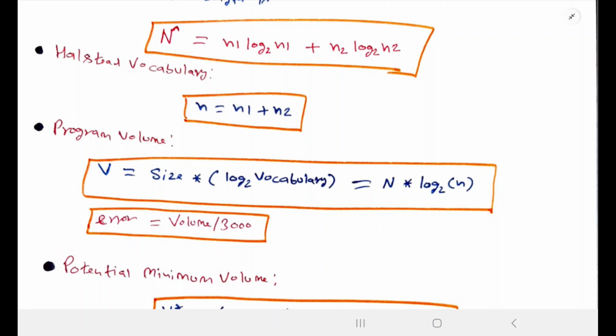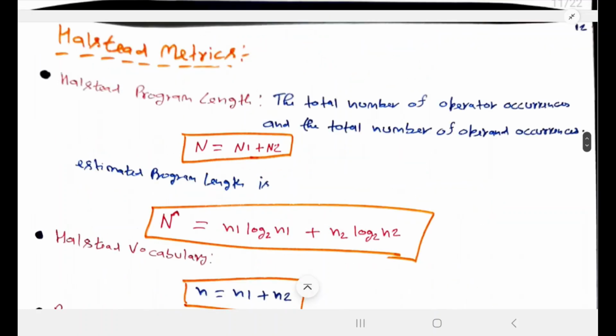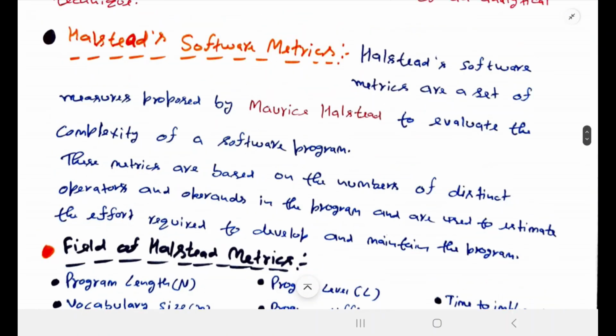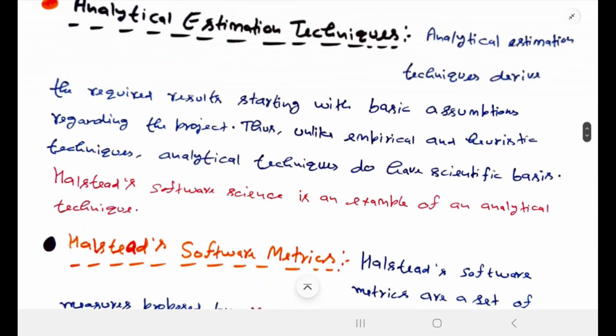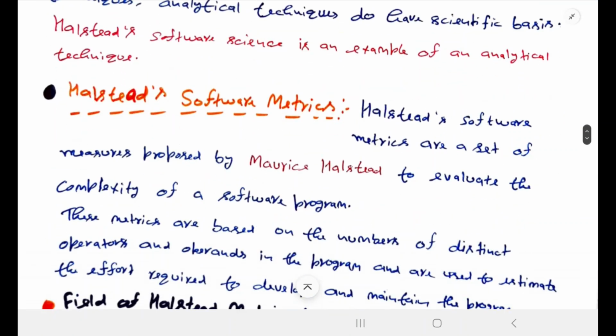Which models you have studied and will study, like the COCOMO model, what is the base of these models? These models' bases are on your screen. These are the basic techniques which will be used to produce these refined models in front of you.